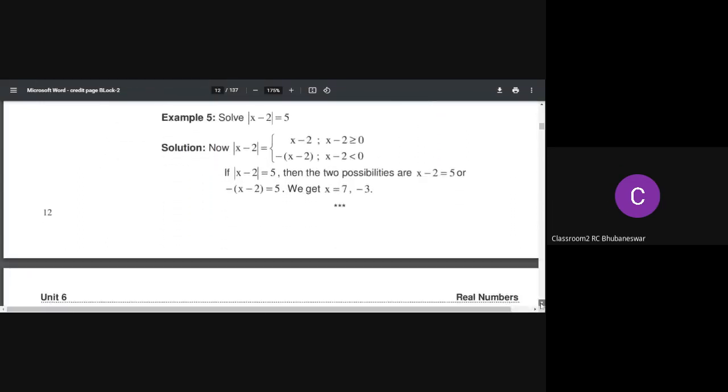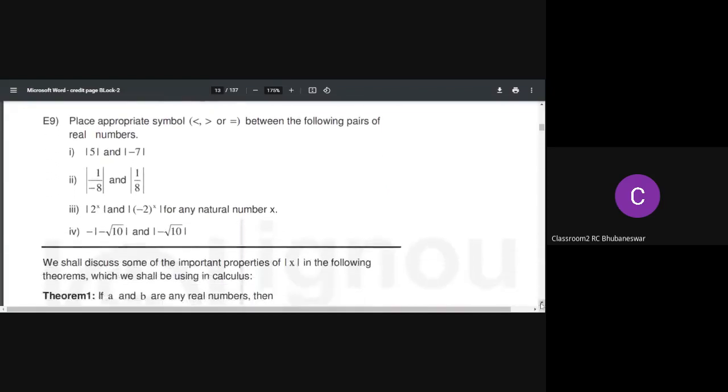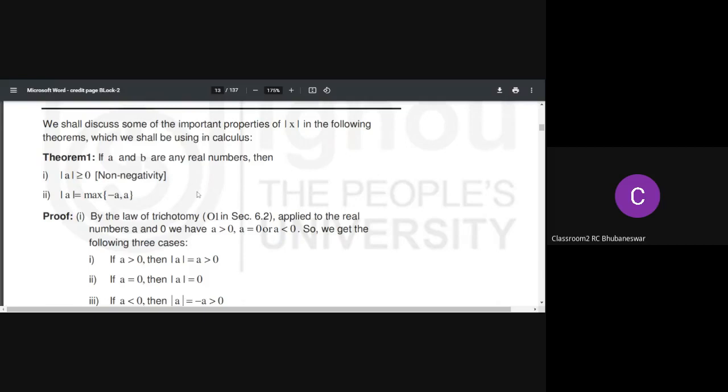Similarly, we can also discuss another more useful theorem, and this theorem says about the property of the absolute value function, or the property of the modulus function. If a and b are any real numbers, then the modulus of a, or absolute value of a, is always greater than or equal to 0.